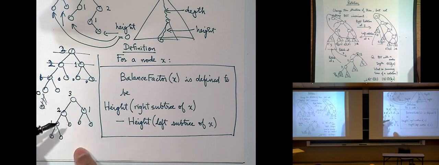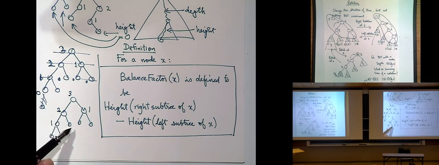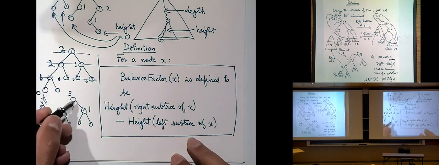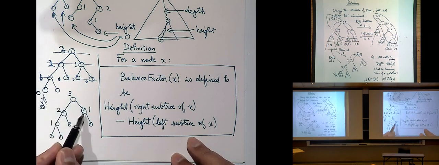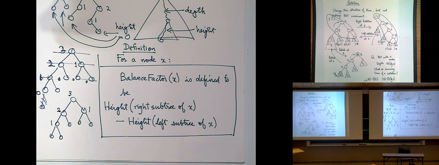So let's look at the balance factor of this node. We're going to take the difference of the height of the right subtree and the height of the left subtree. So the right subtree has a height of 0. And the left subtree has a height of 1. So it's -1. Similarly, the balance factor at the root is also -1. Balance factor here is 0. Does that make sense? Right?